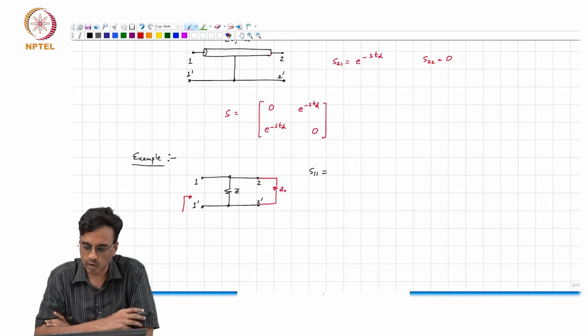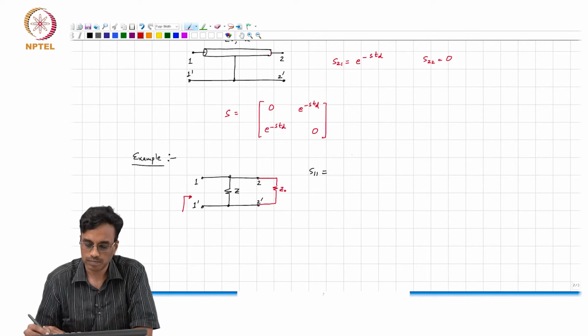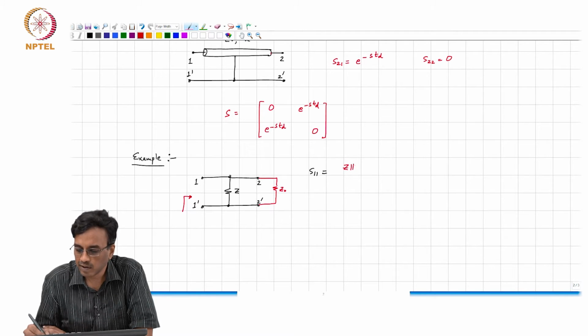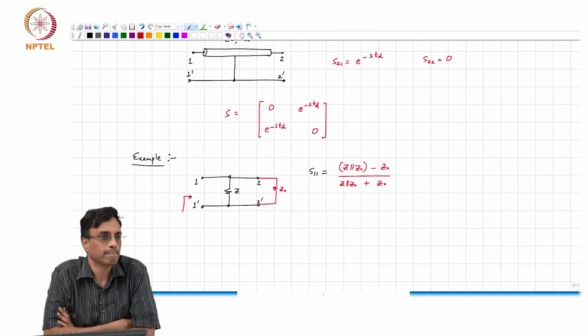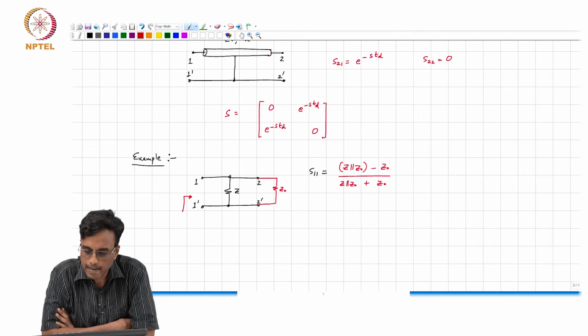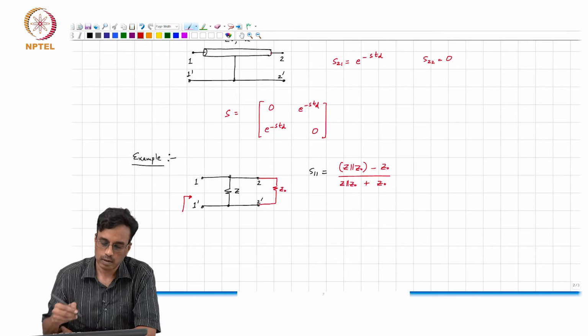So, what is it now? It is Z parallel Z0 minus Z0 by Z parallel Z0 plus Z0, all right. Okay.